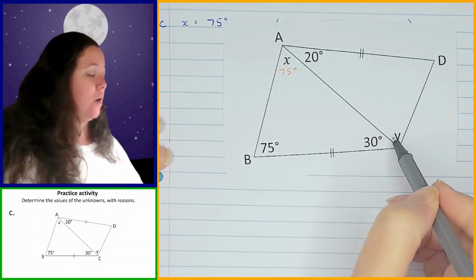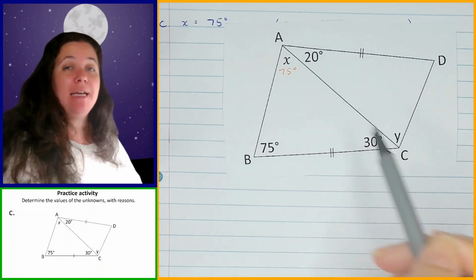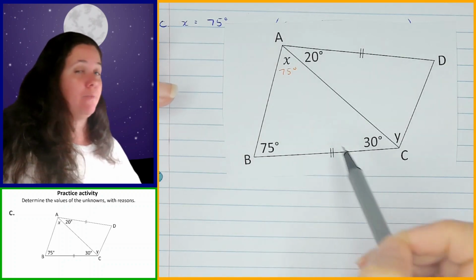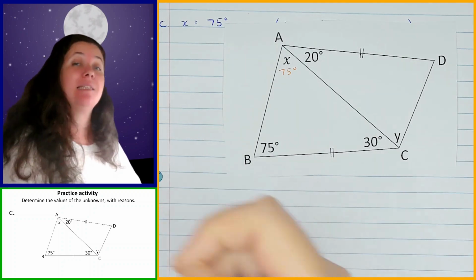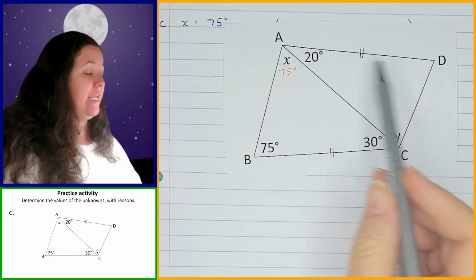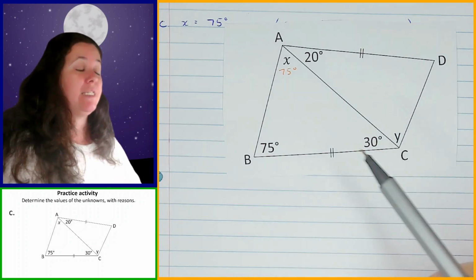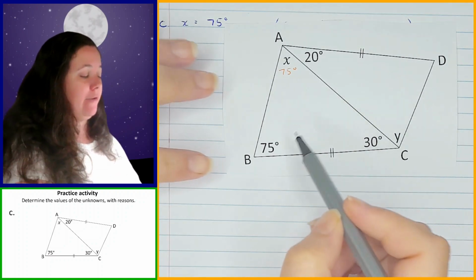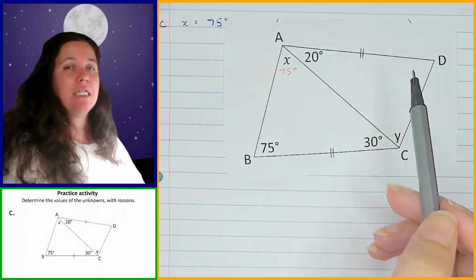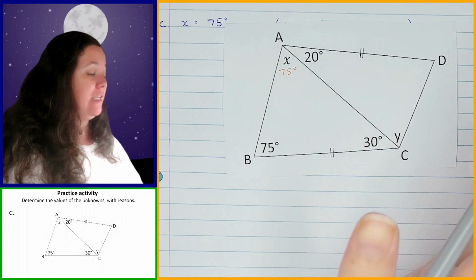Now to work out y, I don't have any exterior angles that I can work with over here, because none of these angles are made by sides of a triangle that have been extended. So the only option I have here is to work with the interior angles of triangles, or potentially isosceles triangles. But if you look over here, this side they told me is equal to that side, but they're not sides of the same triangle, so that's not going to help me either yet.